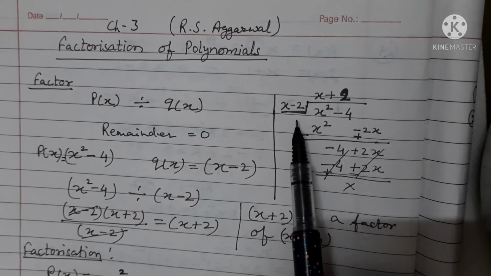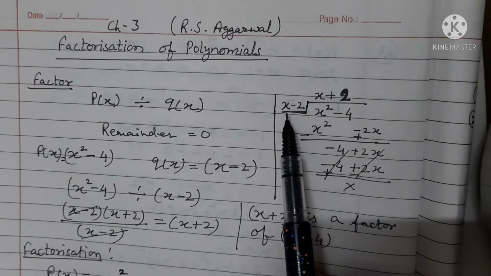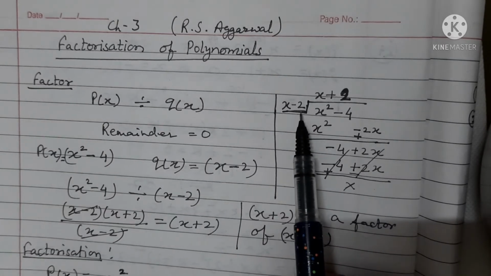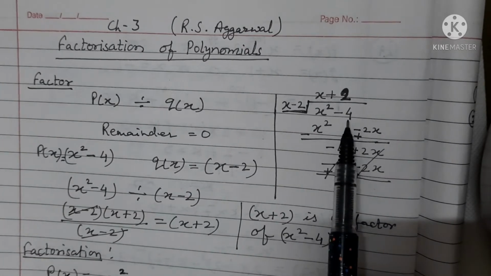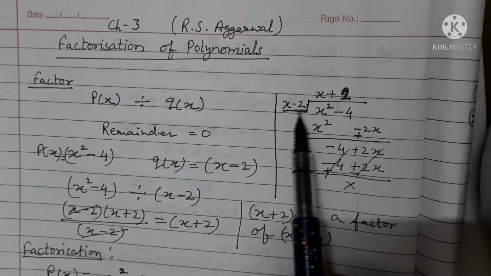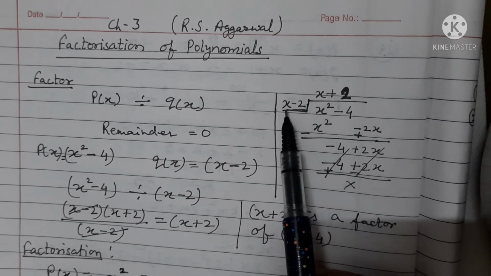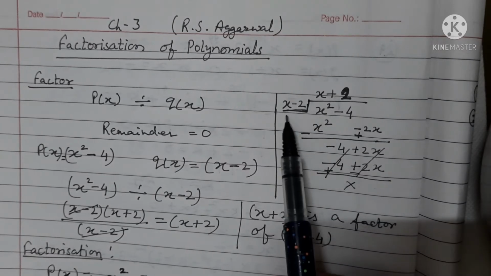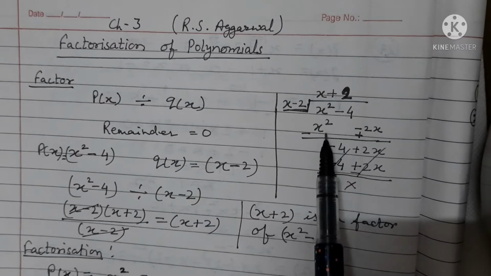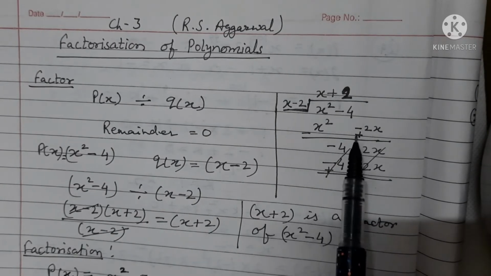Here I want to show once again how the remainder is 0 by long division. This is x minus 2 as qx and x square minus 4 as px. So px divided by qx by long division. x and x become x square, and this x multiplied by 2, so you will get minus 2x.